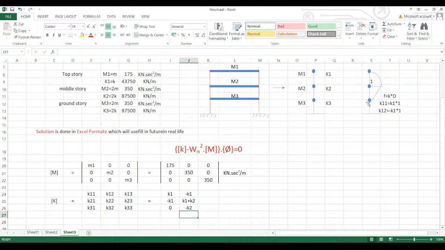Here the effect of K2 at position 3. What was the effect of K2 at position 2? That means minus K2. And again this is called the condition.